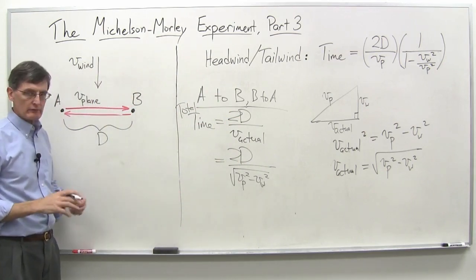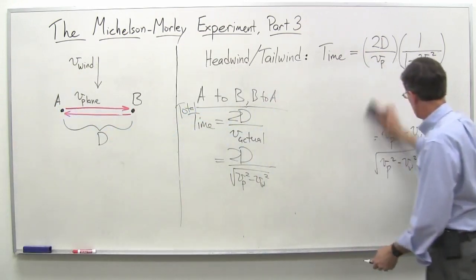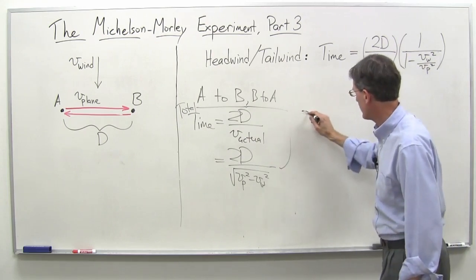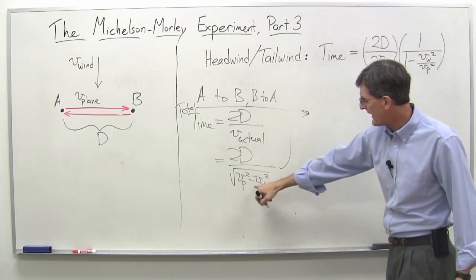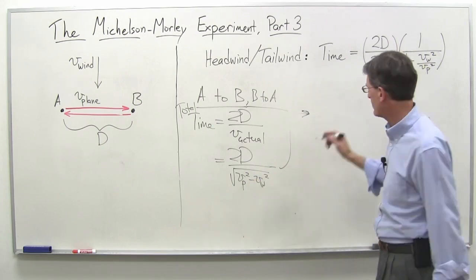Okay? Now we're going to rewrite it one more time here, one more step. So let's do our little mathematical technique here. And we're going to factor out a Vp squared from here. And we'll do it step by step so we can see what we're doing.